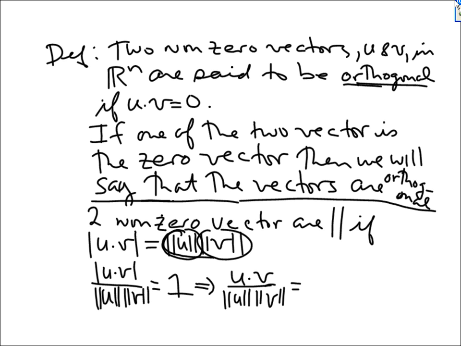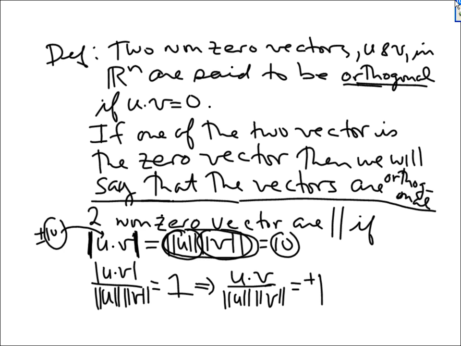If this is 10, then u dot v can be positive 10 or negative 10, because when I take the absolute value, I still get 10. Okay, and if this is 10 and this is 10, then I get positive 1.